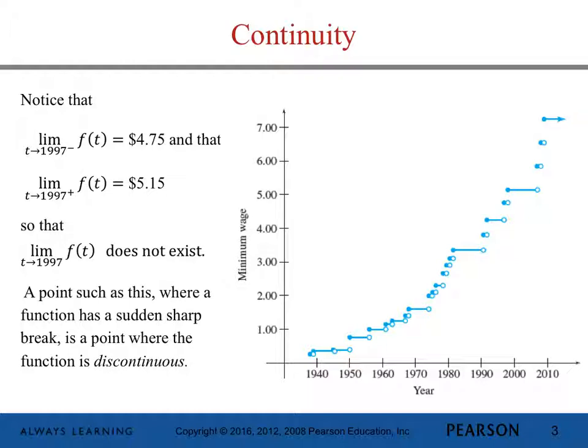So notice here that in 1997, that's the year we're going to pay the most attention to right now, as you approach from the left, f of t is equal to about 4.75.